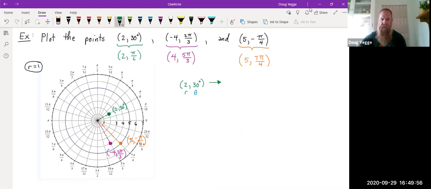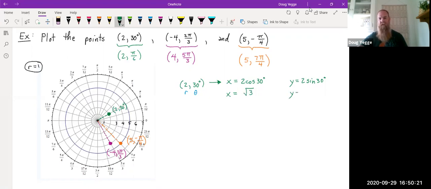Okay, well, I know that x is equal to r cosine theta, so 2 cosine of 30 degrees. And I know that y is 2 sine of theta, or 2 sine of 30 degrees. And now based on our unit circle, we find out that x is equal to 2 times root 3 over 2, which gives me a value of root 3.